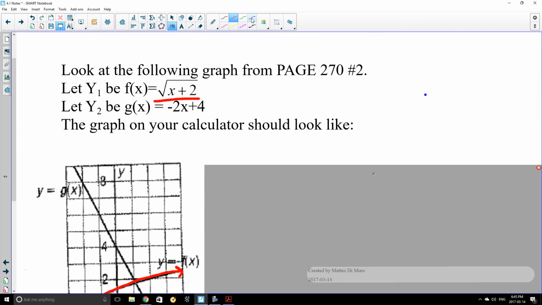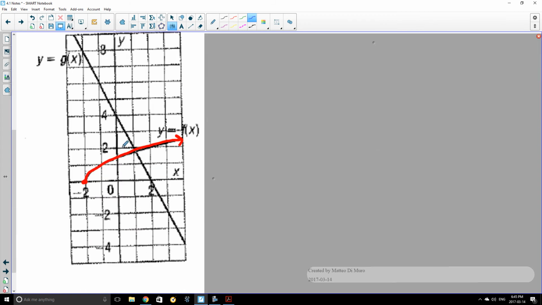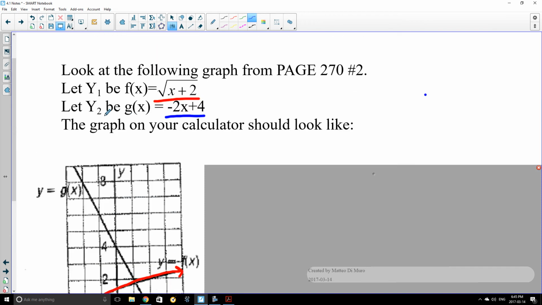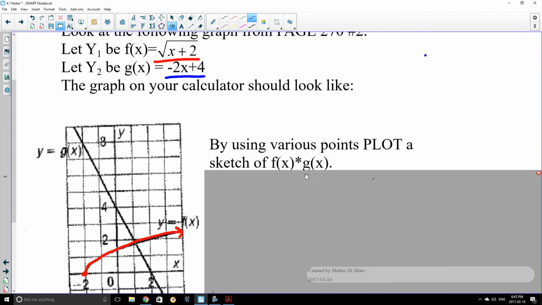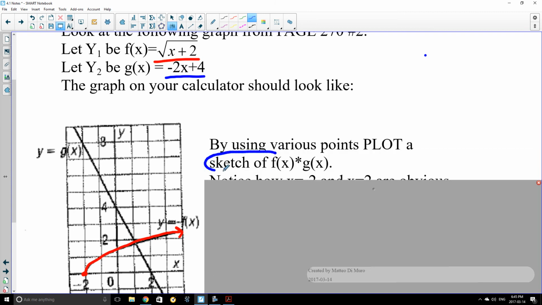So remember, we multiply the y values. And to get a sketch, you just need to pick a couple smart points. So I'll do the sketch in green. Any intercepts, of course, is something that you're going to want to look at.